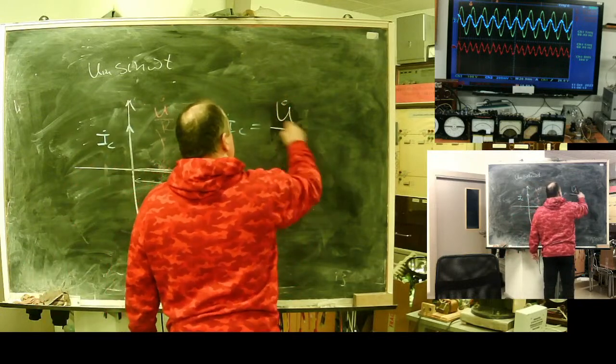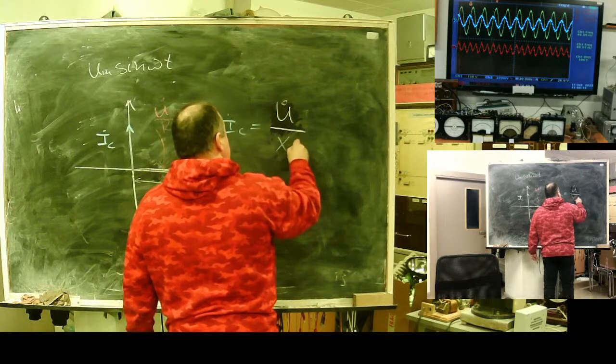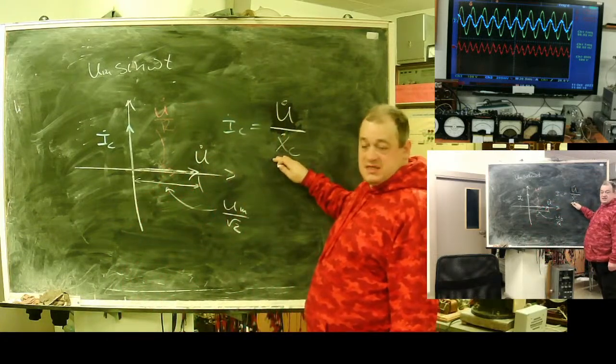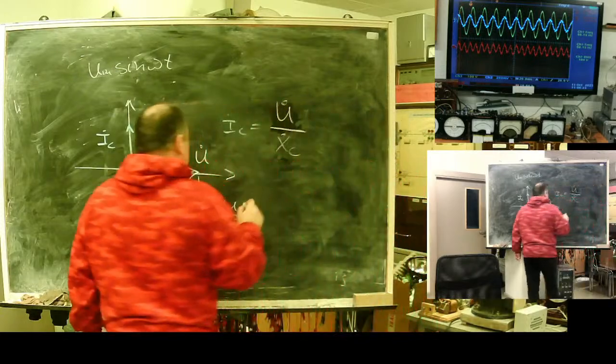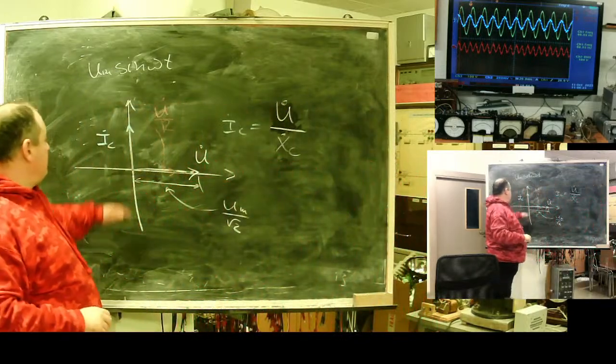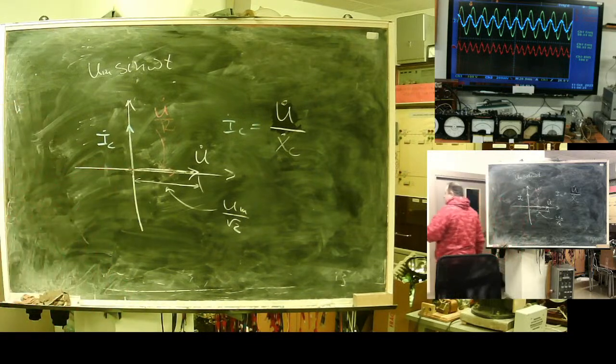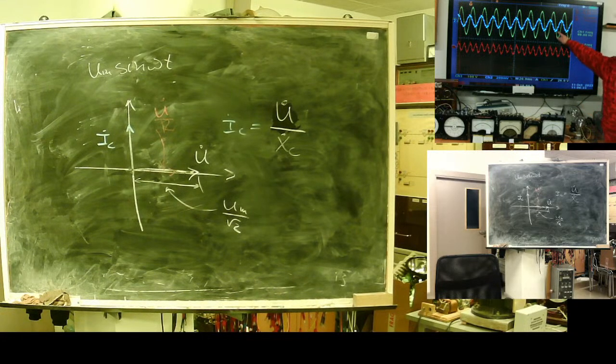It will be U divided by the reactive resistance of the capacitor. The idea is to correctly represent the fact that a capacitor stores energy, has inertia, and as a result of this inertia, current leads voltage.